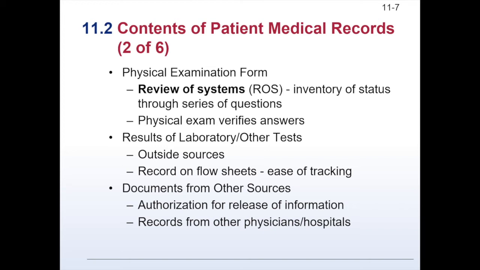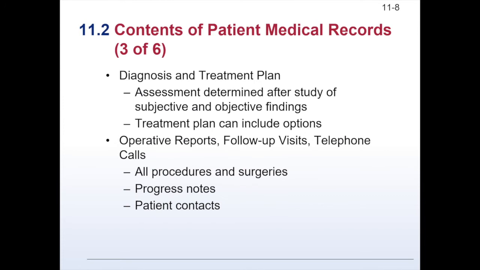Physical exam verifies answers. Results of laboratory and other tests. Results of laboratory and other tests can be obtained through outside sources and recorded on flow sheets, as they provide ease of tracking. Documents from other sources. Documents from other sources include authorization for release of information and records from other physicians and hospitals. Diagnosis and treatment plan.